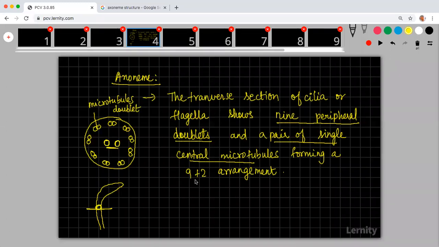And the second point: this axoneme is covered by a continuous membrane.